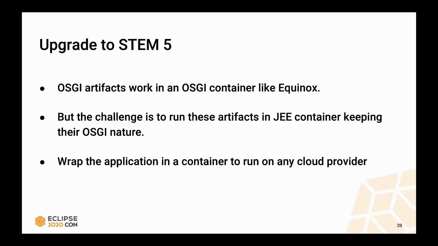And the cohesion between these 2 parts or tiers is very low. And the challenge was how we can keep the backend artifacts as is and keep their nature as OSGI artifacts and try to run them in a JEE container.